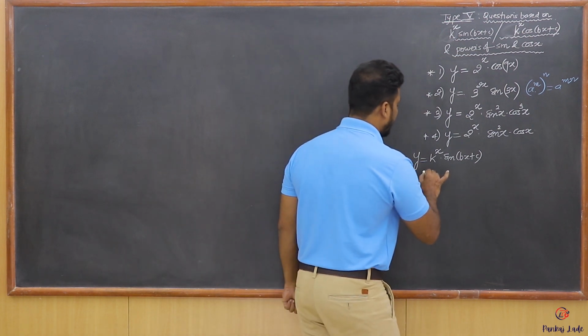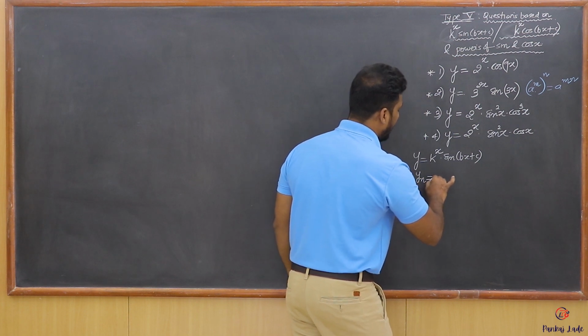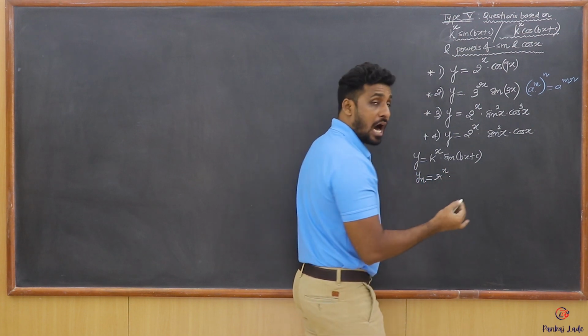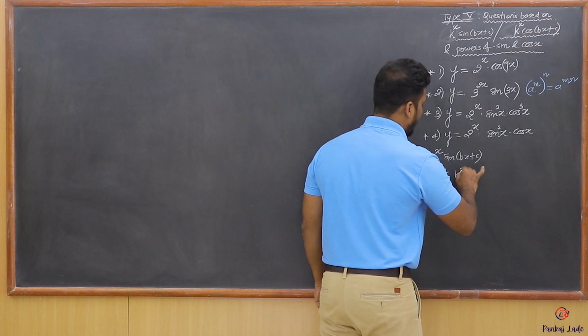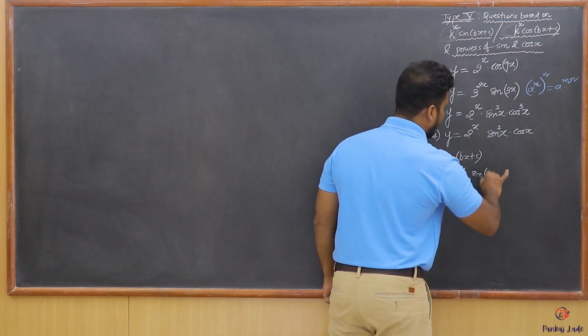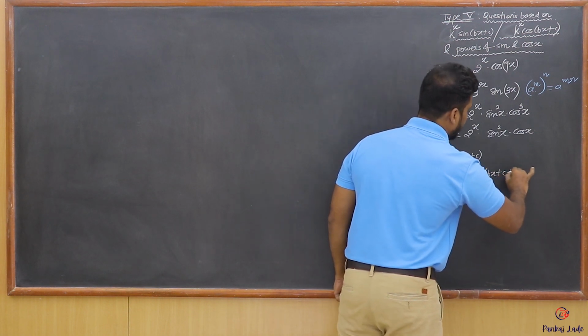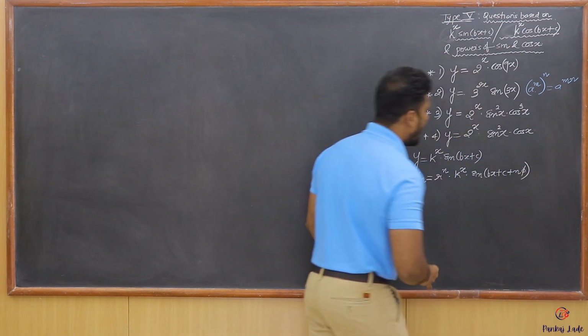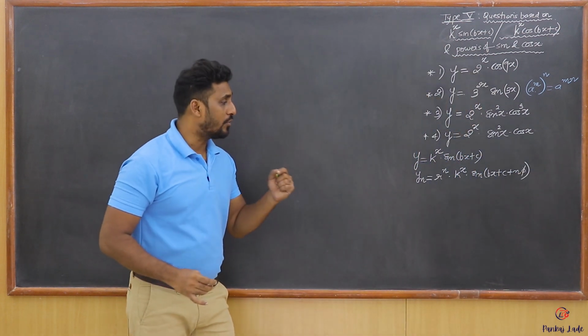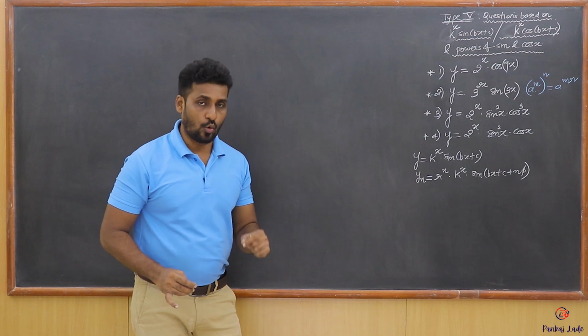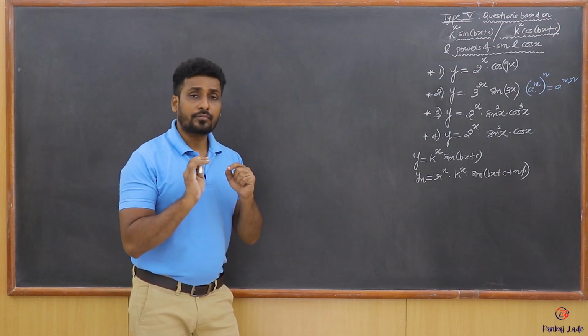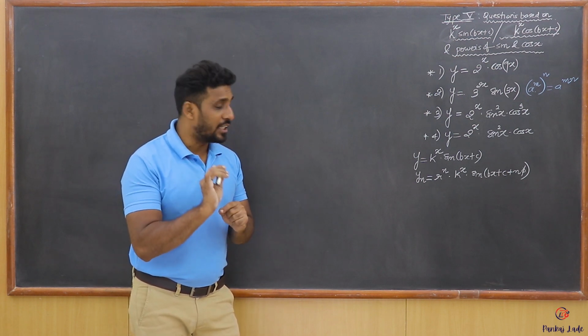You must be recalling that the nth order derivative yn comes out to be again r raised to n, then you have k raised to x sine of (bx + c + n phi). I need to clearly specify the values of r and phi over here. So that can be easily written. So let's write it in a short while from now.